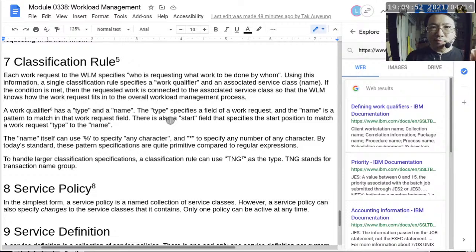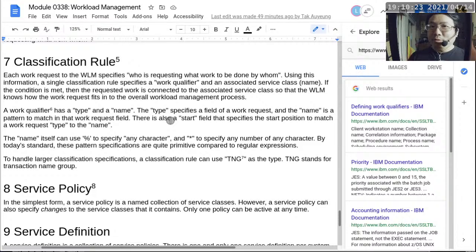So the classification rule would now specify, don't look at the name of the client, look at the name of the dish. If the name of the dish matches chocolate ice cream, then we want to link that work order to a service class, and we'll just give it the name chocolate ice cream. Is that okay? That's better.